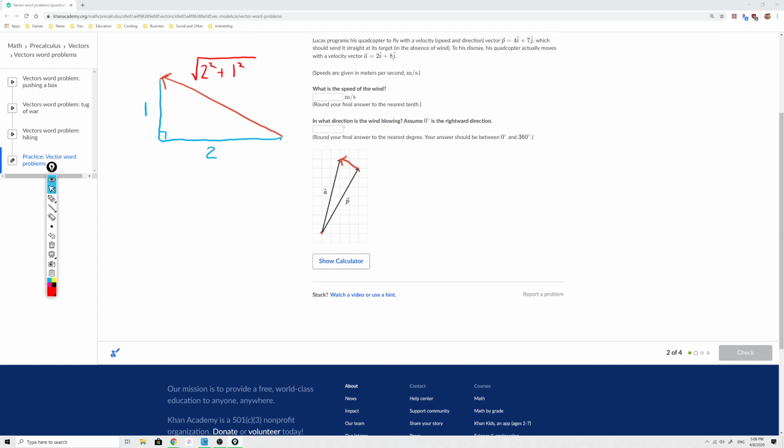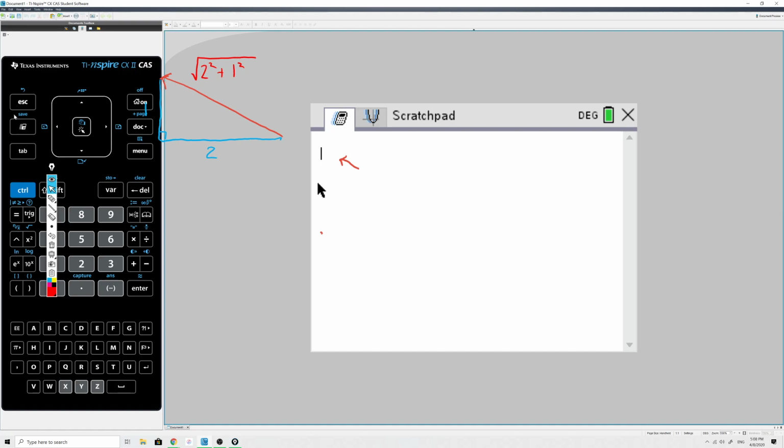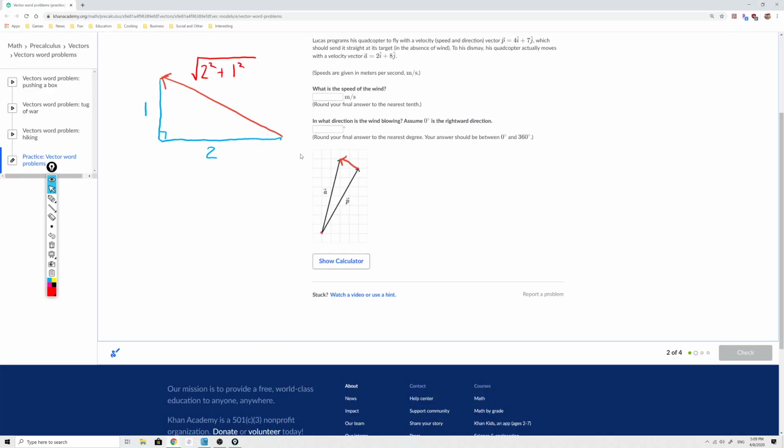And it says round your final answer to the nearest tenth. So I'll open up my calculator and type the square root of 5. So 2.23. So in Khan Academy, to the nearest tenth, that'd be 2.2.